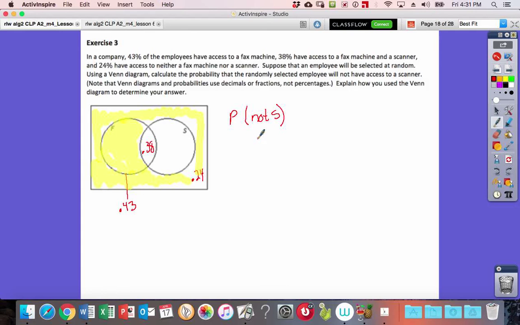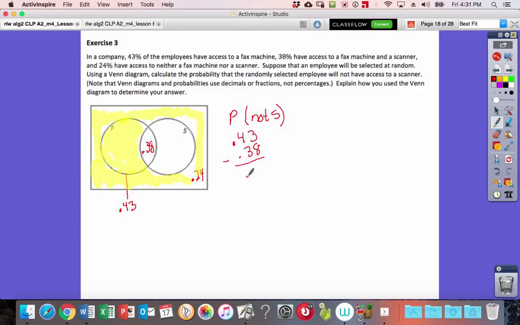I highlighted not S. What I think I'm going to do is calculate it with, let's see, I need to know, what else do I need to know here? Not S would be everybody in the shaded area. So I know I have one of them. What is 0.43 minus 0.38?